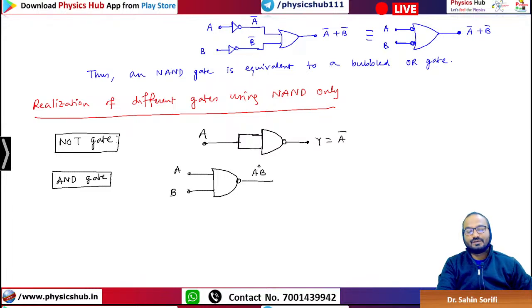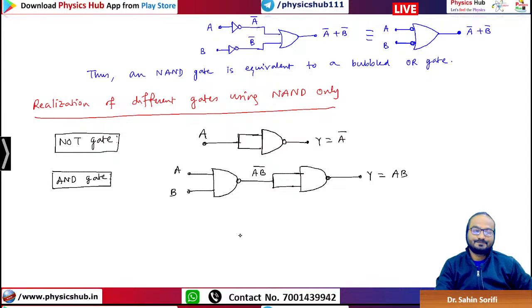AB complement, right? But the AND gate is AB. So if we take another NAND gate, then AB complement, AB complement, and its complement, so your Y becomes AB. So you get the AND gate.